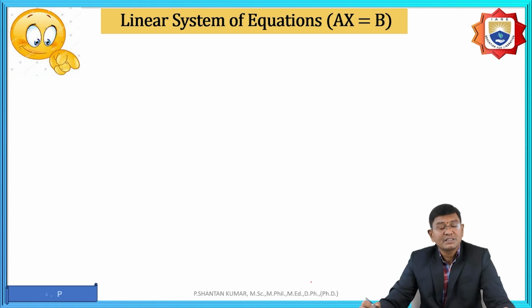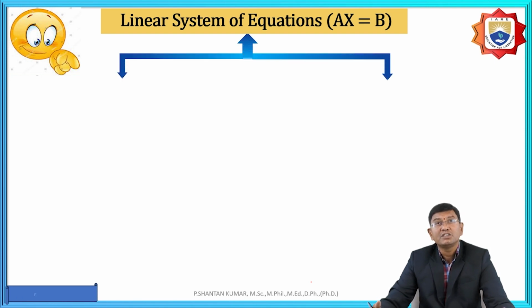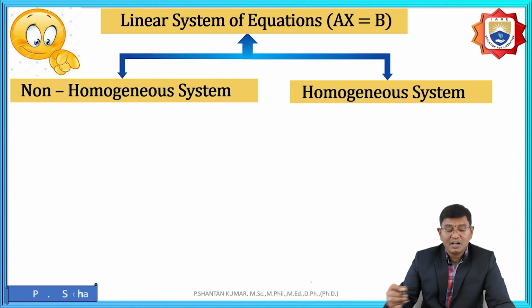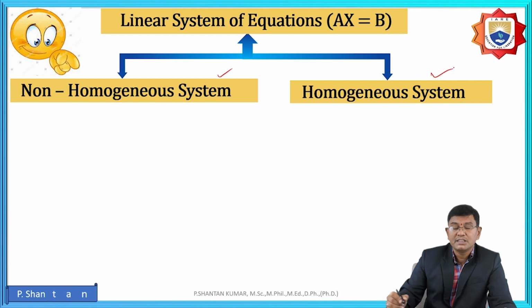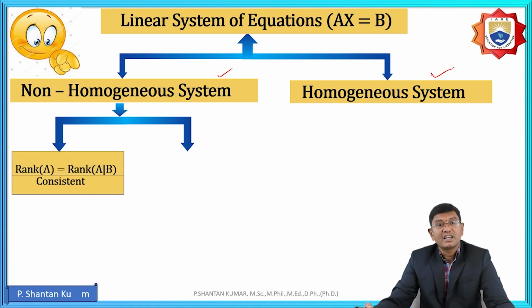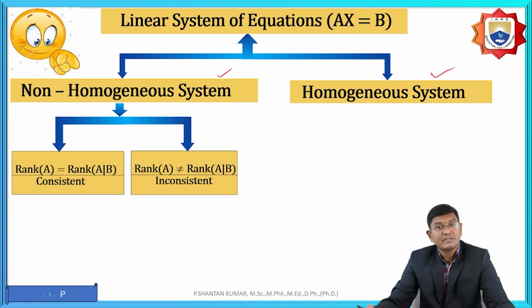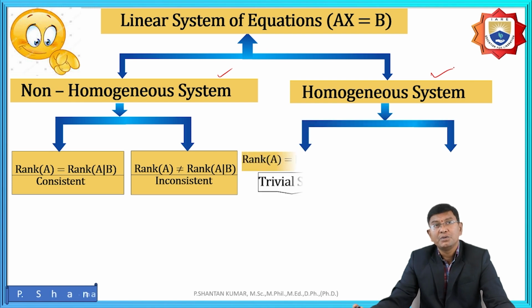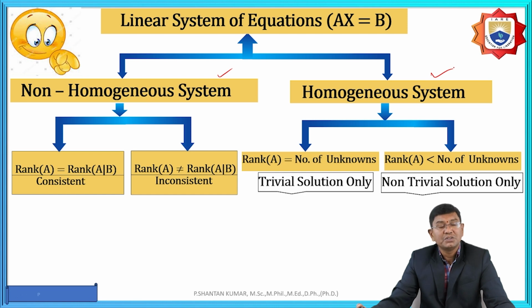And again, based upon the non-homogeneous equation and homogeneous equation, like a preview of the total conditions of the linear equations, it is one by one a non-homogeneous system, and again a homogeneous system. In the previous slide we showed them individually, but here it is together. It is consistent, and next inconsistent, and next a unique trivial, and another one is non-trivial solutions.